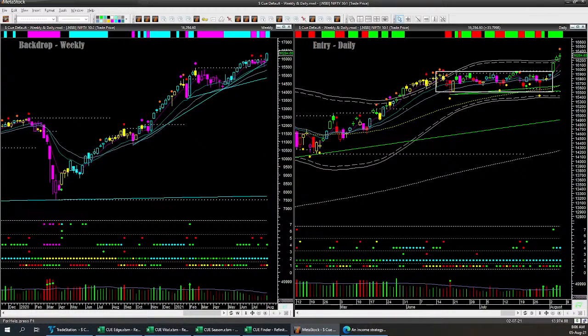It was moving sideways for a while and now it broke out above the upper boundary. So this is not a point we would like to buy, but it is back to being in a confirmed uptrend. It is also probably continuing to be the strongest of the global markets.